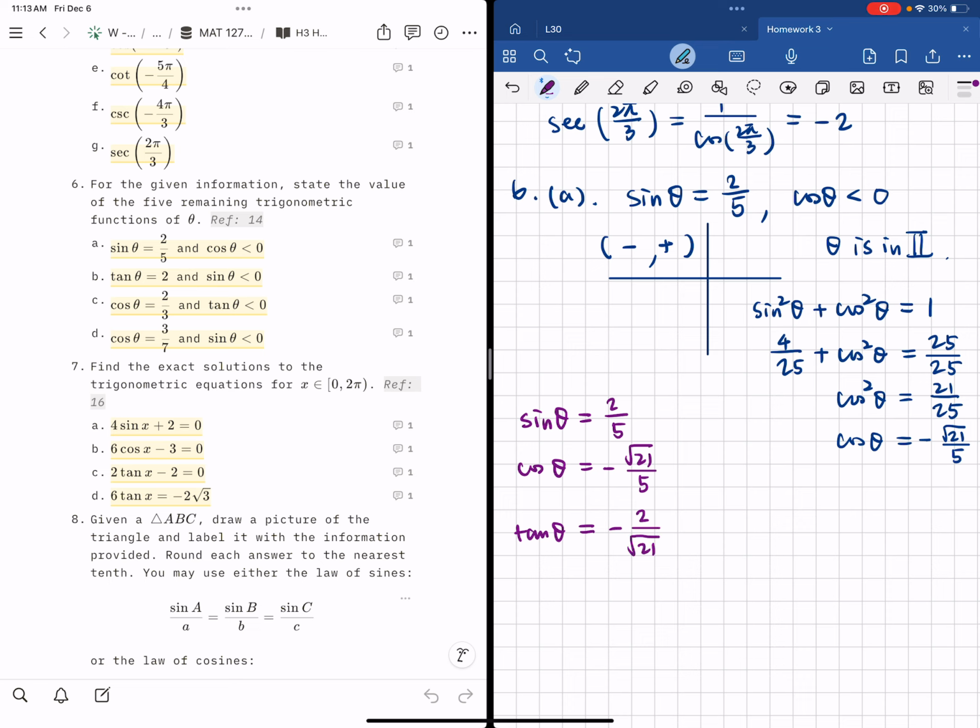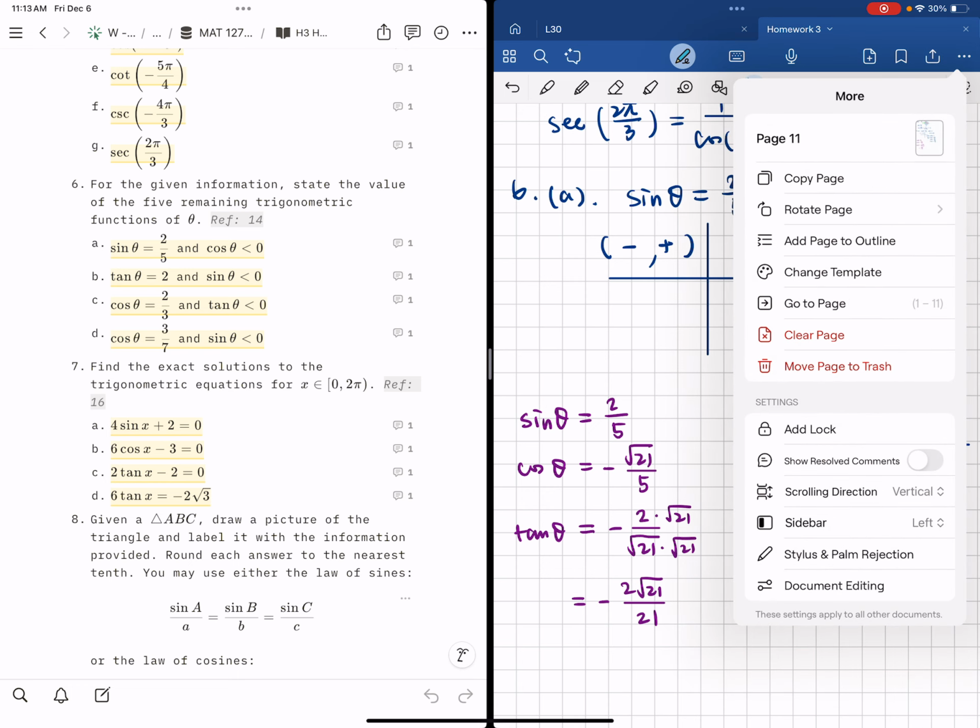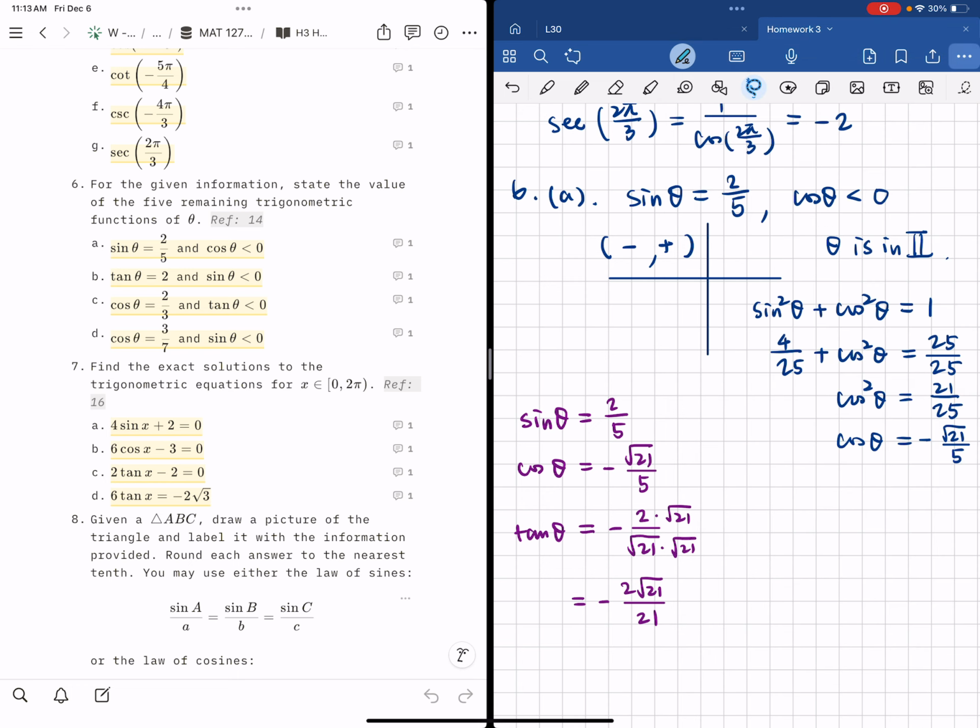Then we rationalize this by multiplying both the top and the bottom by radical 21, and this will give us negative 2 radical 21 over 21. Let me move this over here. Okay, so those are the 3 main trigonometric functions.